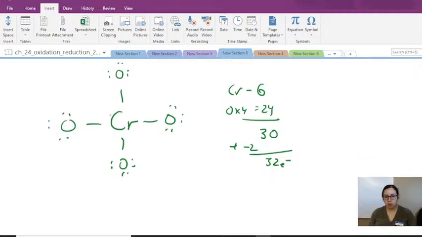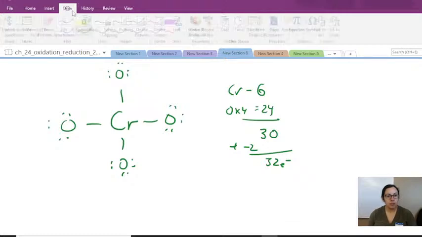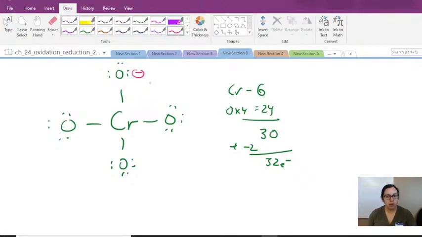But then what are the formal charges on it? A bunch of -1s. So these are all -1s, but then what's the chromium? +2. Yeah, so +2. So this answers your question on how many double bonds we should have.